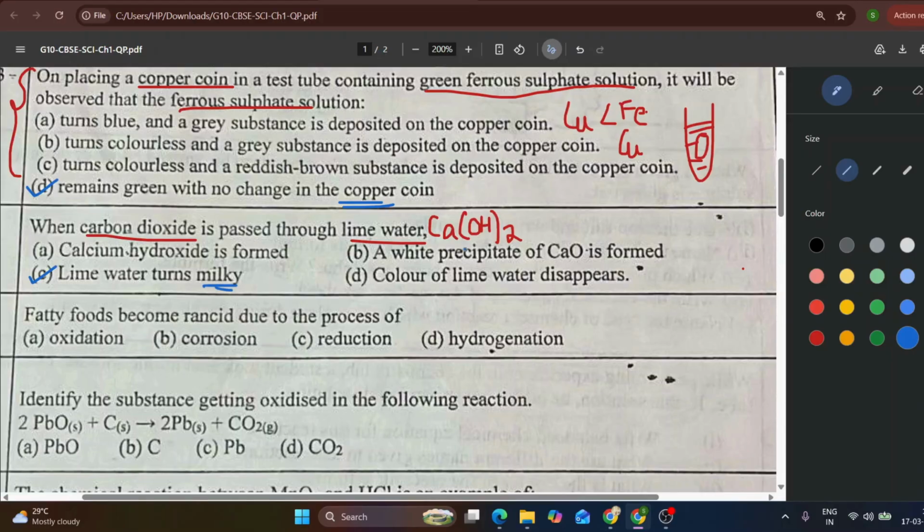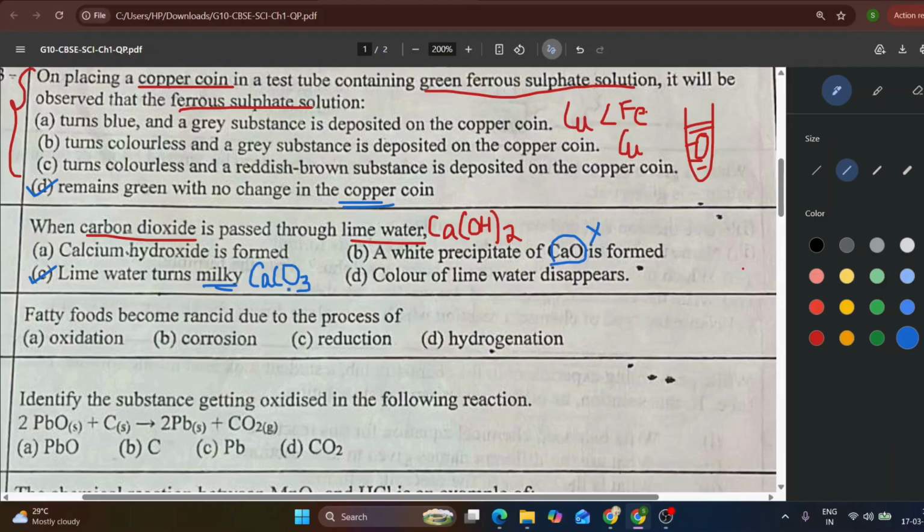See here, white precipitate of calcium oxide is given, which is wrong. Which is wrong because what is the product formed? That milky insoluble substance is calcium carbonate. If prolonged or excess CO2 is added, what will happen?